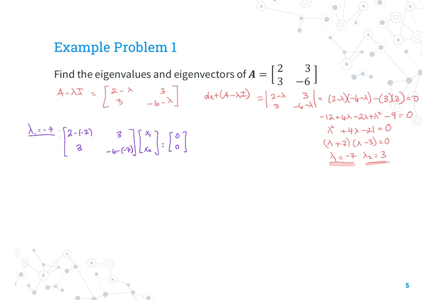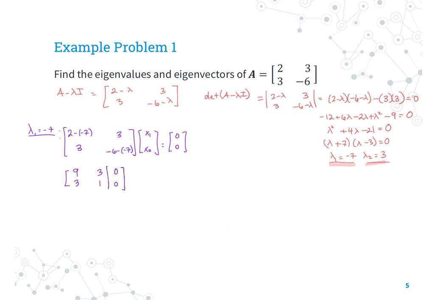Or we get 9, 3, 3, 1. And we can make it an augmented matrix by drawing a line and putting the zeros in.